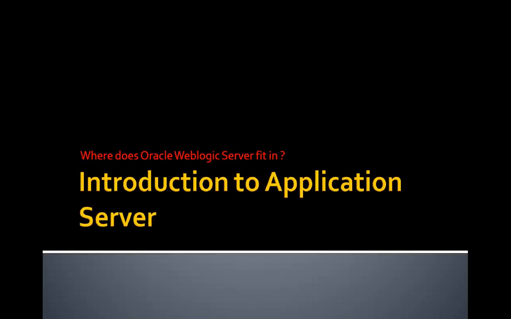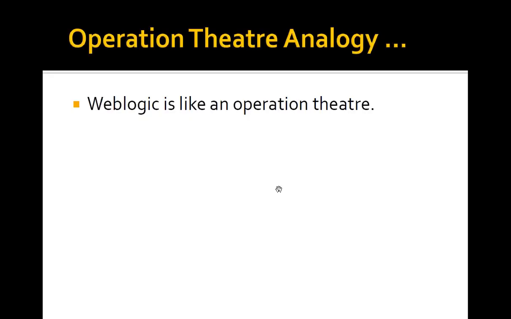Normally the best analogy you can think of for an application server is an operation theater, the one we usually see in our movies, most likely in our Bollywood and Indian movies.